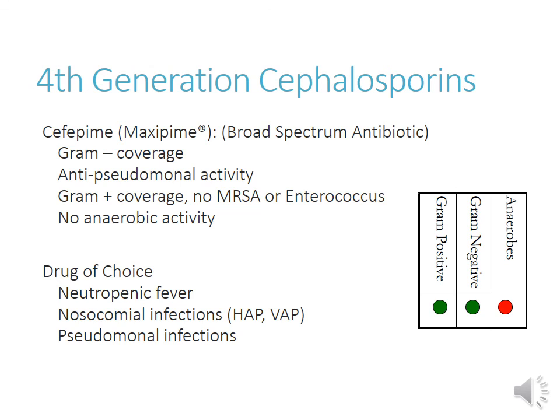So cefepime is a good broad spectrum antibiotic, but say I have a patient coming in who I know is a HEMONC patient who's recently received chemo, I'm more likely to give them cefepime. If they're otherwise relatively healthy and I'm not worried about Pseudomonas, then I would give them ceftriaxone instead, right? I want to use a more narrow spectrum drug if I can to avoid the emergence of resistance.